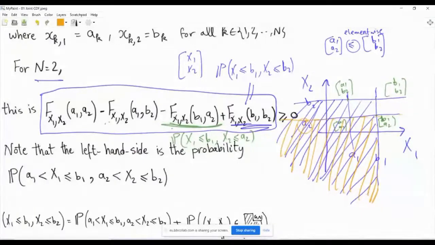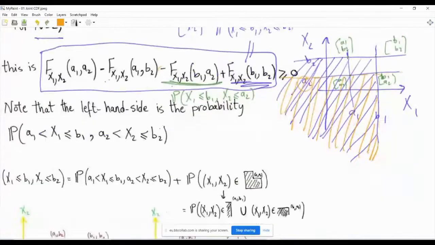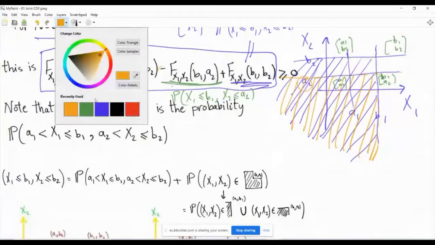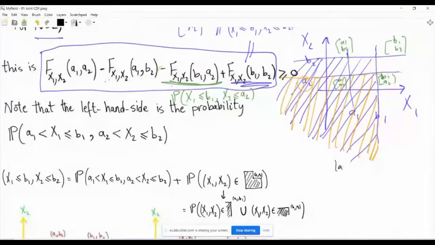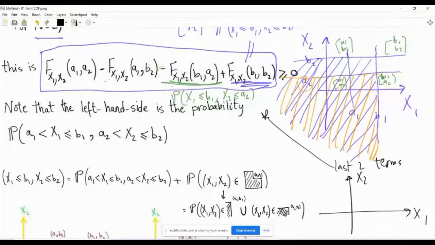And so what happens if you take this term with the plus sign and this one with the minus sign? Now the last two terms here will give you the probability, here again, here is x2, here is x1.